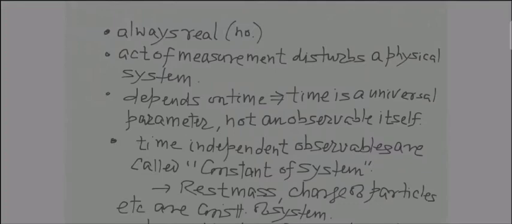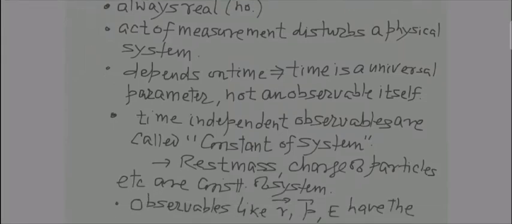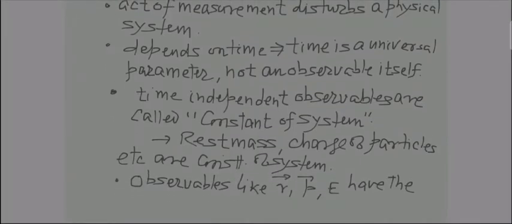Time independent observables are also there in quantum mechanical systems, and time dependent observables are also there. The time independent observables in quantum mechanical systems are called constants of the system. What are examples of time independent observables?